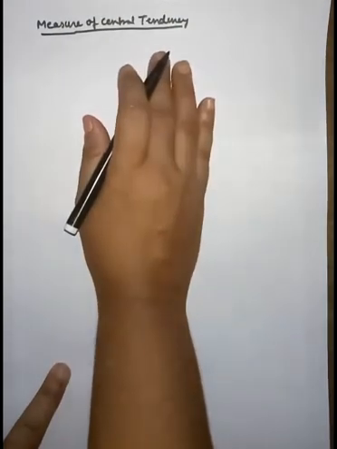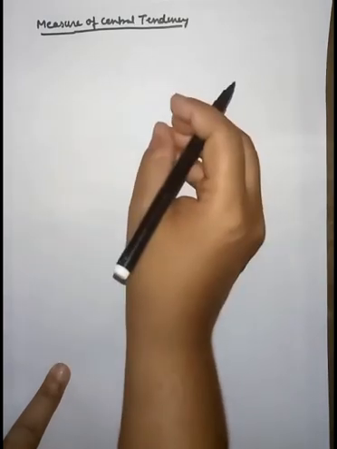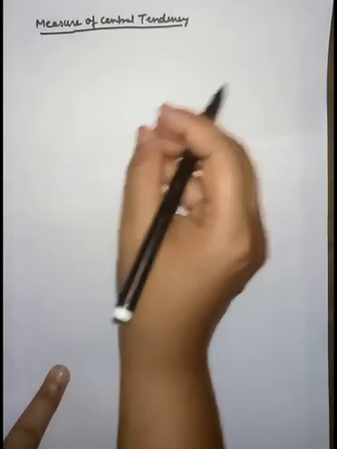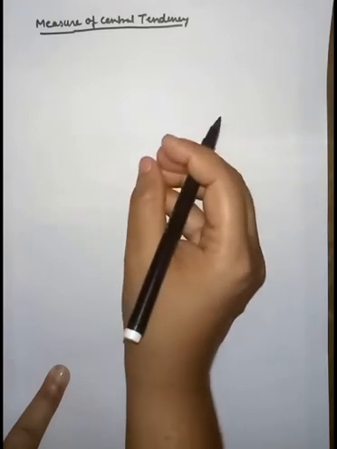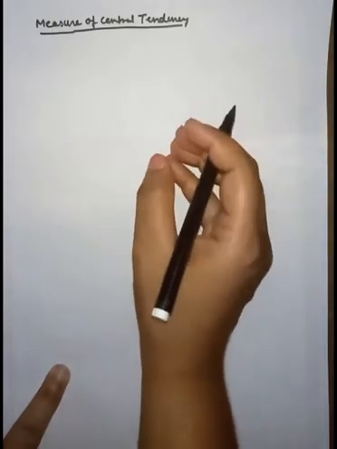So, friends, the word average is used to describe the characteristics of a group of unequal objects, right, friend?